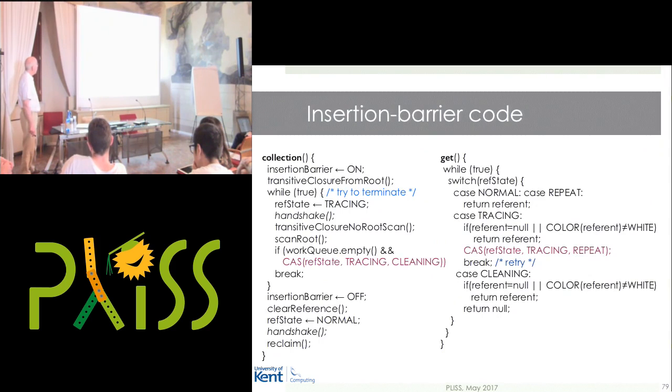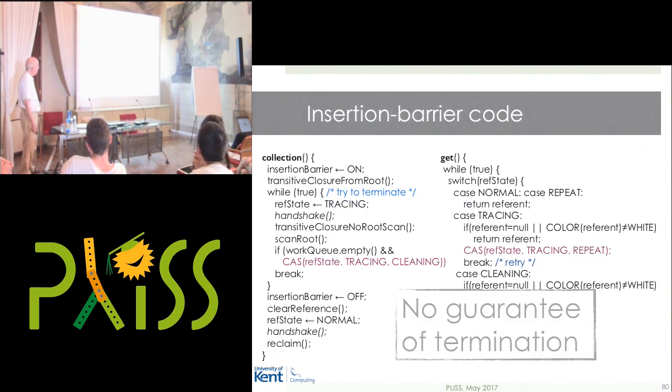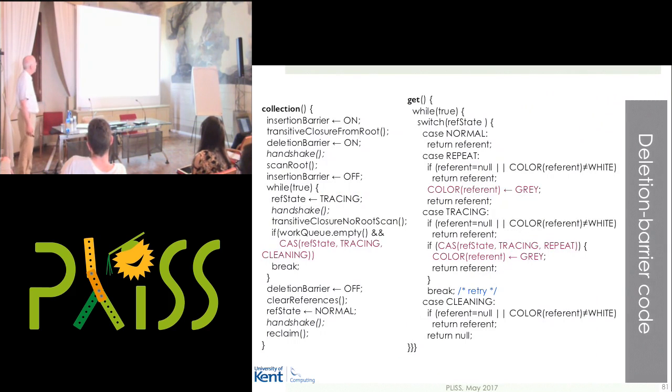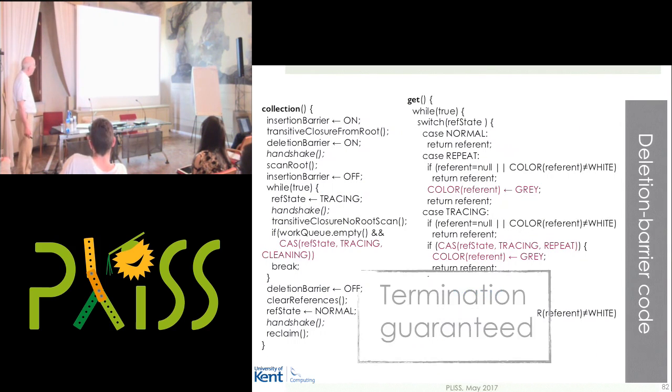You can do this using insertion barriers. Don't try to read this. But the problem with an insertion barrier is there's no guarantee that it will terminate, because you might call get, and then you've got to go around, you've got more work to do.